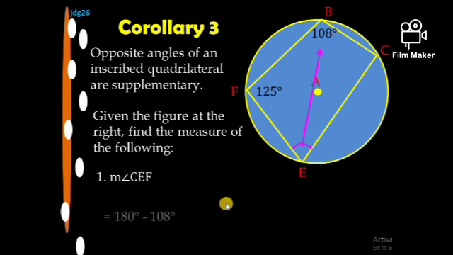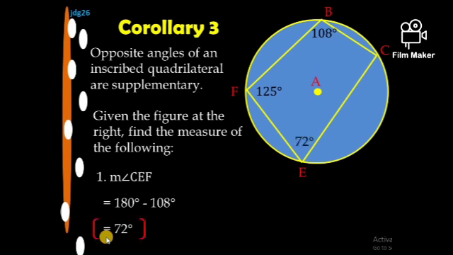Now, to find the measure, ang gagawin lang natin, since they are supplementary, i-minus lang natin yung given na measure na 108 degrees from 180 degrees kasi nga supplementary sila. And it will give us 72 degrees. So, para ma-check natin kung tama, i-add natin 108 plus 72 equals siya sa 180 and tama tayo kasi they are supplementary.